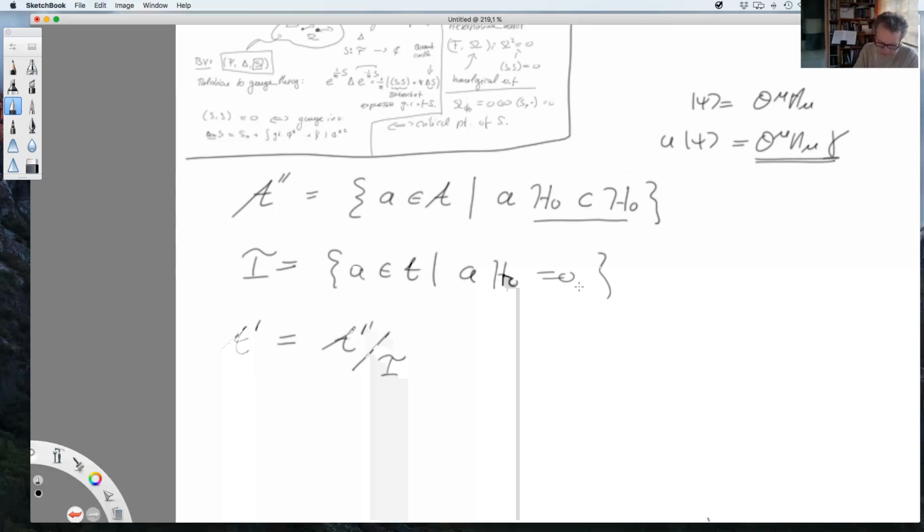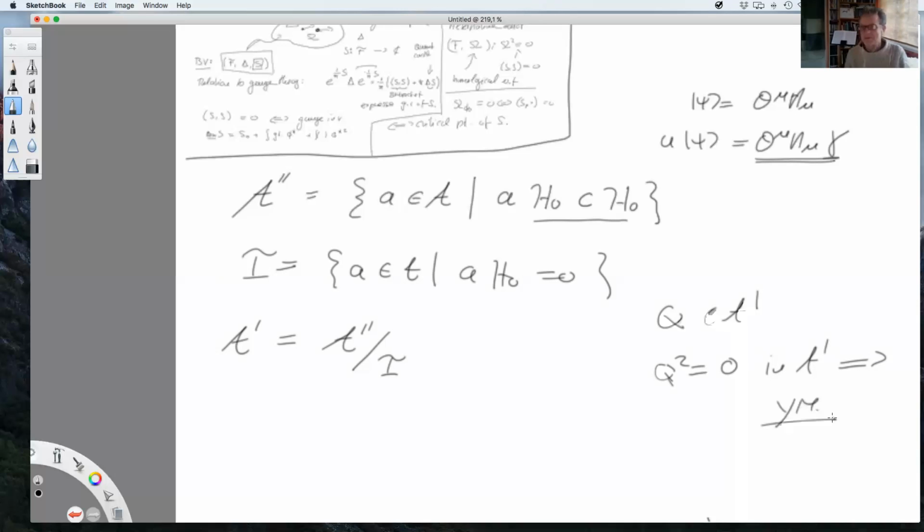And on this, if I demand that Q is an element of A prime, and Q squares to 0 in A prime, that implies Yang-Mills theory.